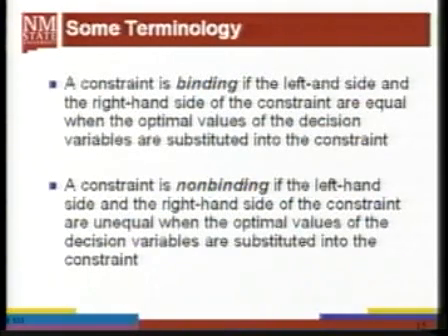A constraint is binding if the left hand side and the right hand side of the constraint are equal when the optimal values of the decision variables are substituted into the constraint. And the constraint is non-binding if the left hand side and the right hand side of the constraint are unequal when the optimal values of the decision variables are substituted into the constraint, right?